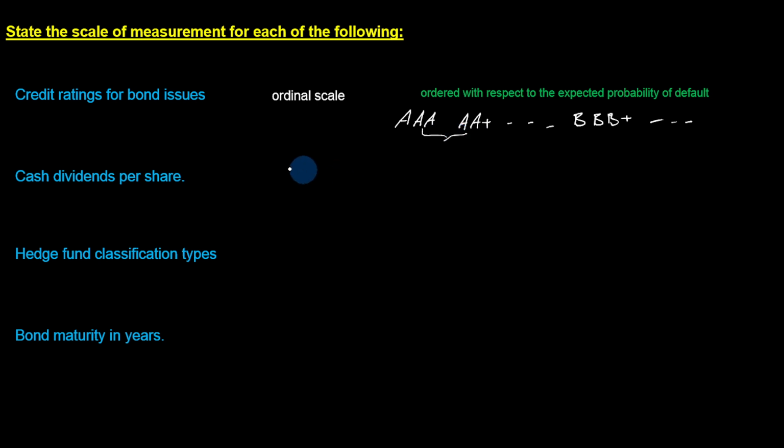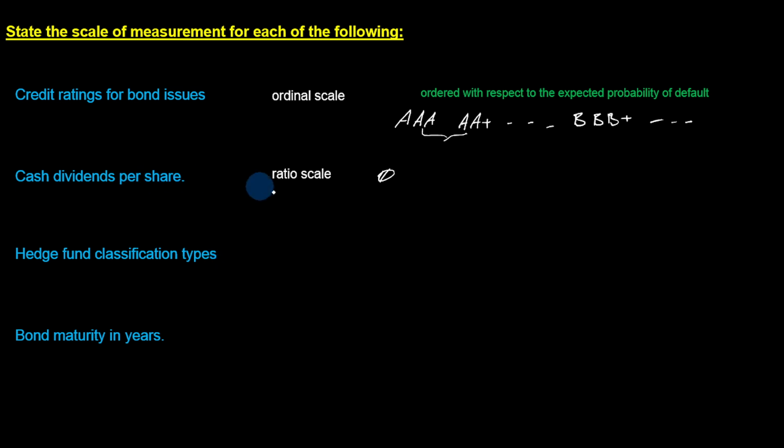Next one is cash dividends per share. I think this one is rather obvious. We're talking about money, and when we're talking about money, it is ratio scale. And since dividends are the cash distributed by the company, we could have zero cash dividends. So we have a true zero value as well. Moving on to the hedge fund classification types.